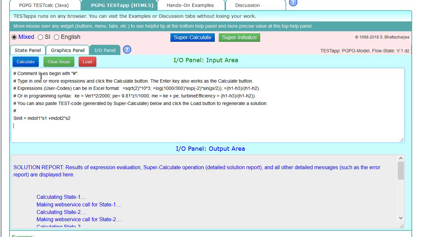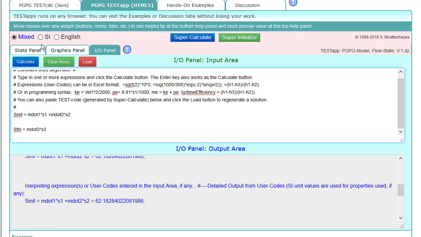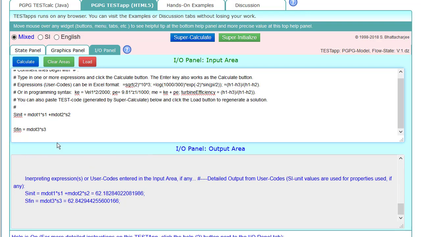I just hit enter, you could hit calculate, and if you scroll down, there's the initial entropy. And then S final is going to be m dot 3 times S3. Enter or calculate, scroll down, there it is.